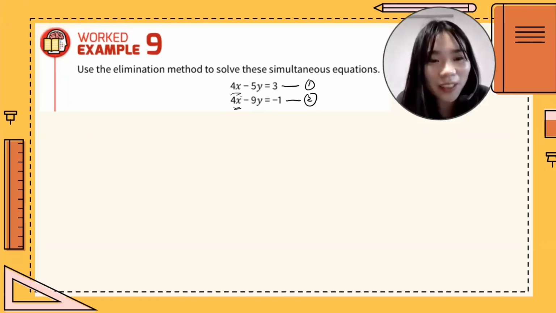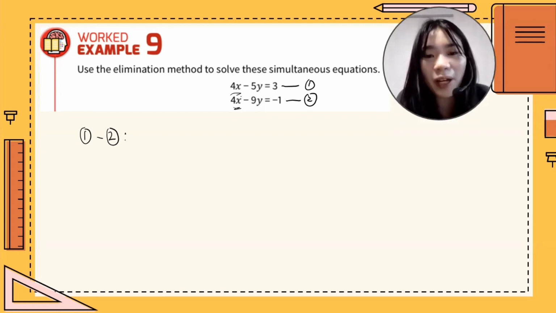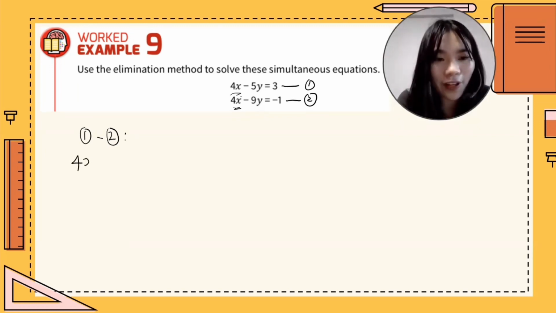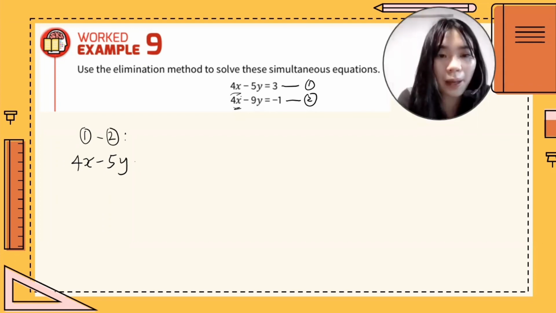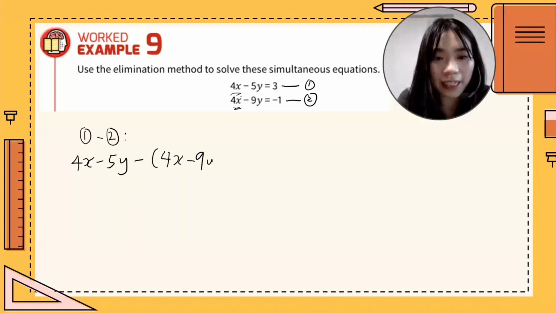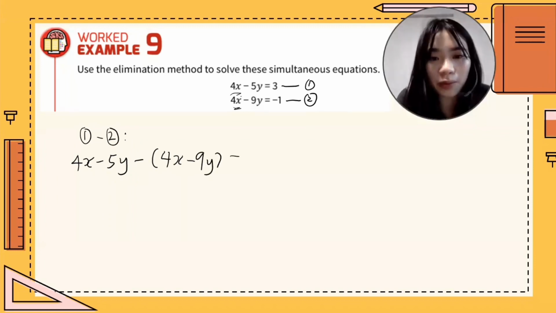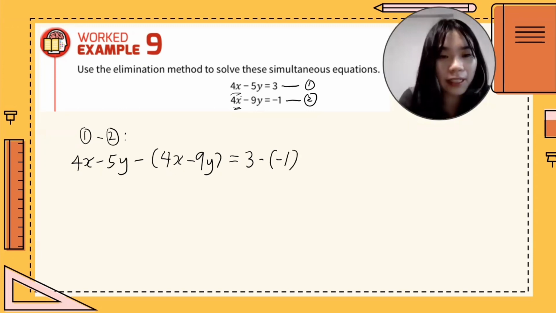So if I were to take equation 1 minus equation 2, what I will get is 4x minus 5y, and then minus the entire 4x minus 9y, which will give me 3 minus 1, okay?